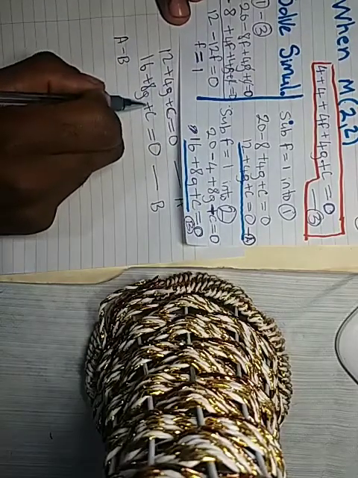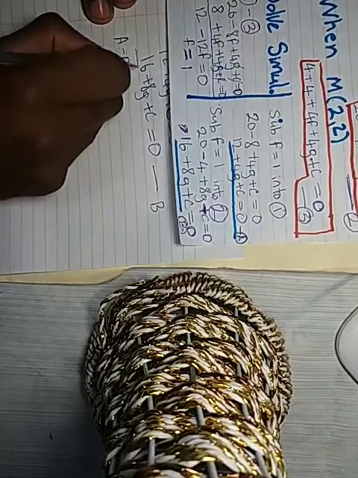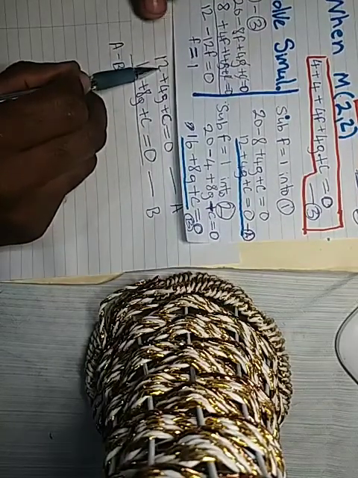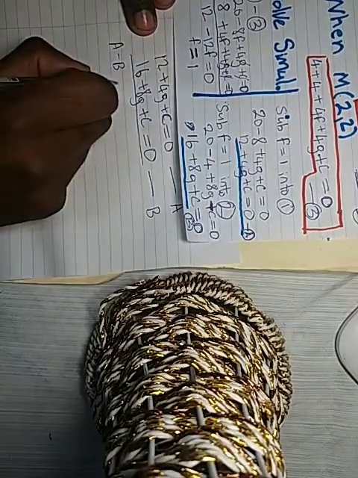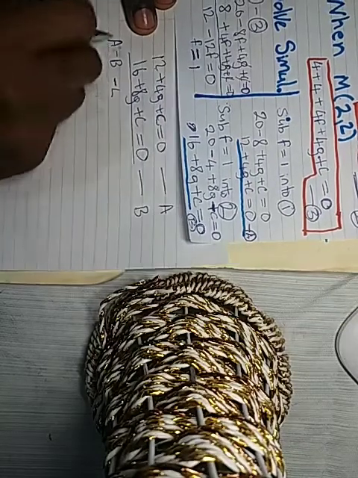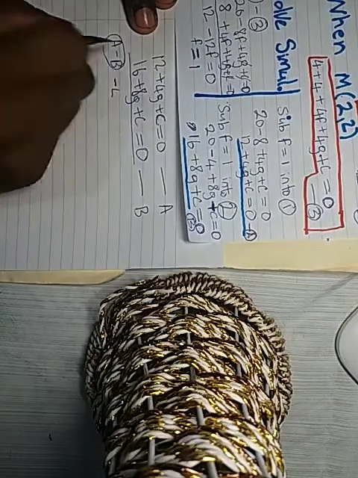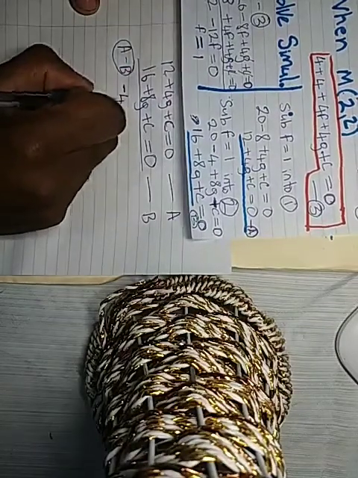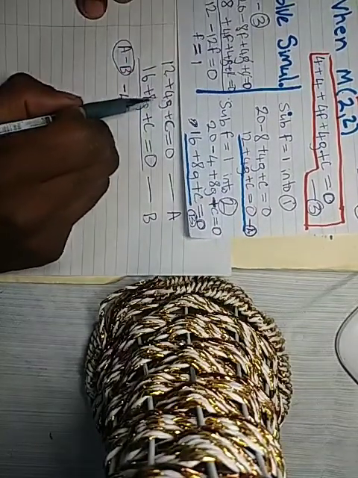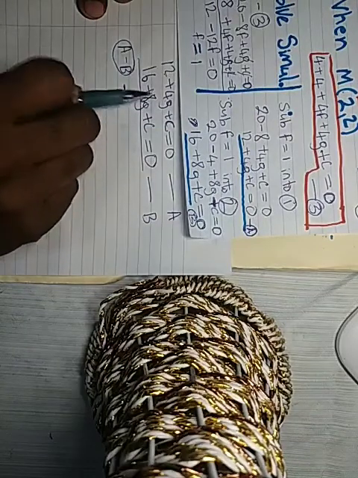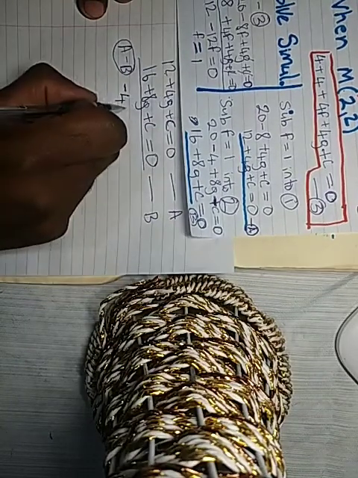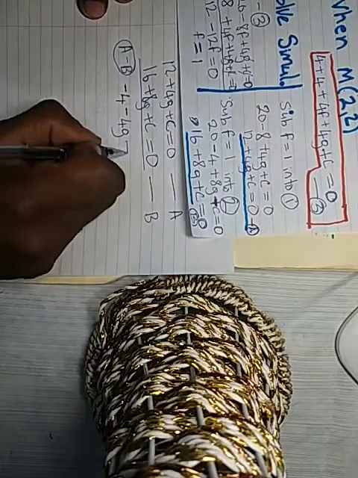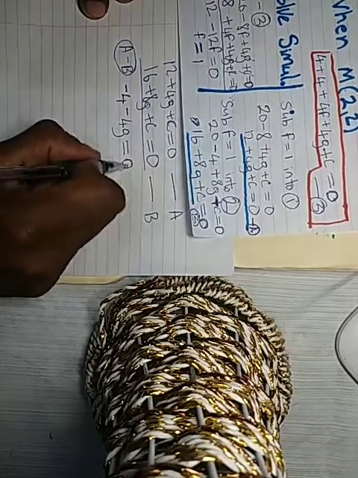Of course, we can say A minus B, and that will get rid of the c's. So 12 minus 16 would be minus 4, and 4 minus 8 would give me minus 4g.